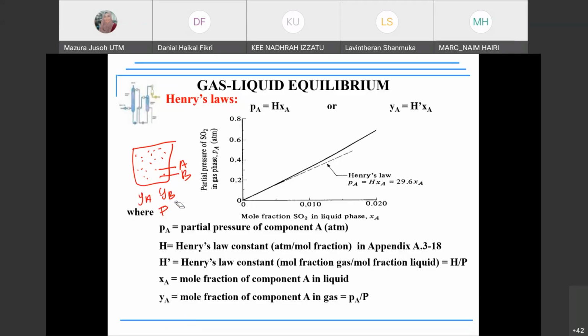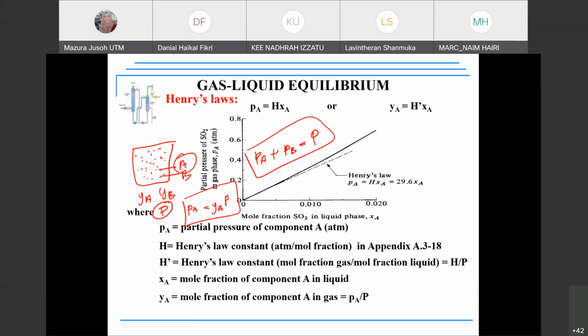For this mixture, if you want to know the partial pressure of A only, you take YA, the mole fraction of A, multiplied by the total pressure, capital P. If you use small p, this is the partial pressure of A. If you take PA plus PB, it equals the total pressure. This is the fundamental equation.